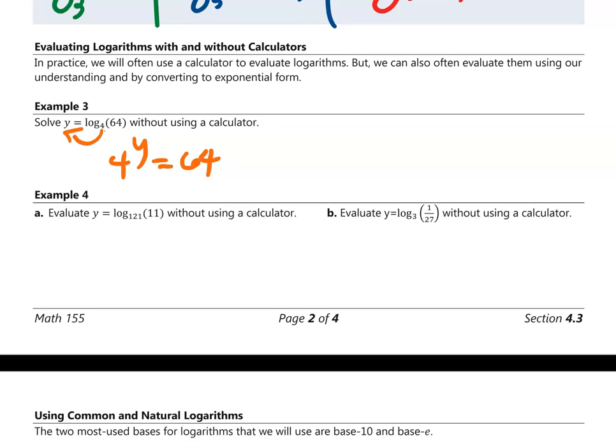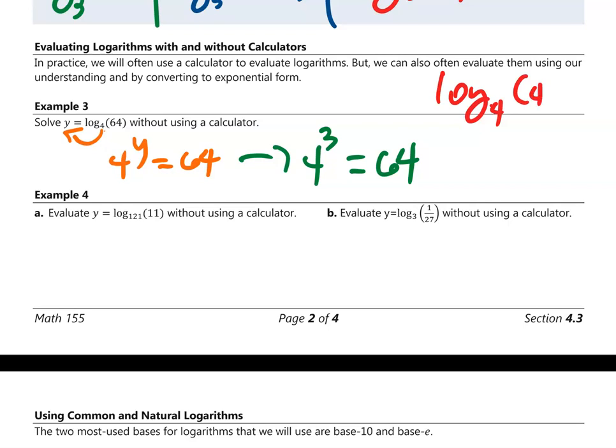And then now what is that number when you raise 4 to that number is equal to 64? Yes, 3, because 4 times 4 times 4 is equal to 64. So we can say that log base 4 of 64 is equal to 3.